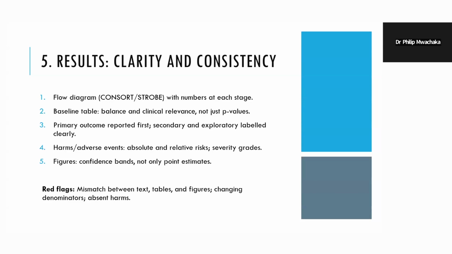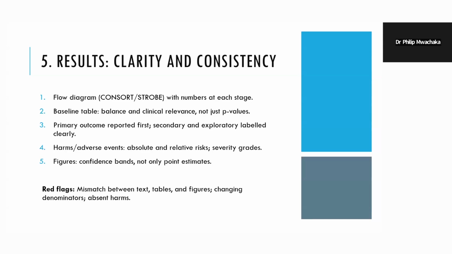So it's always good to report that, so that whoever is trying to do a similar study is clearly aware of those adverse events and can take measures to mitigate them. So you need to report the risks, absolute and relative risks, and the severity of these events.